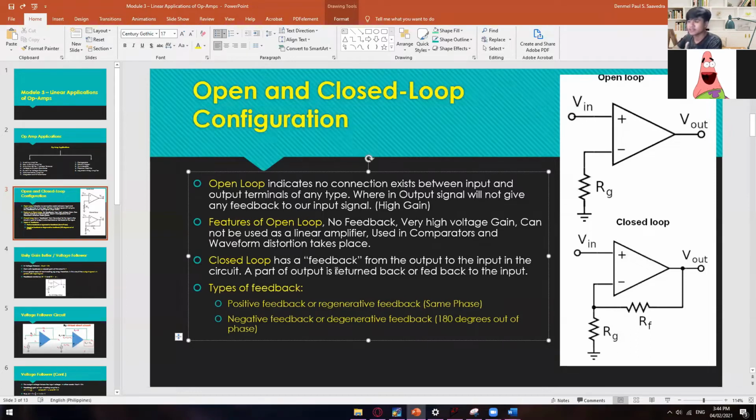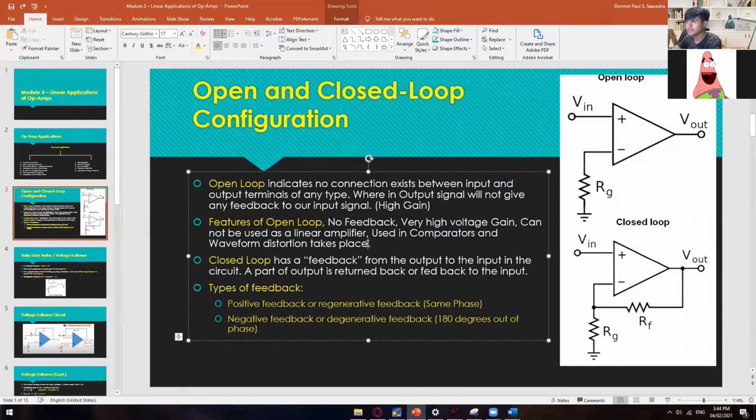The benefit of having a closed loop is, of course, completely the opposite of the open loop. You will get a low voltage gain, but in return you'll get a stable and more controllable voltage. Since you have feedback, this can now be used as part of the linear applications, or linear op-amps.